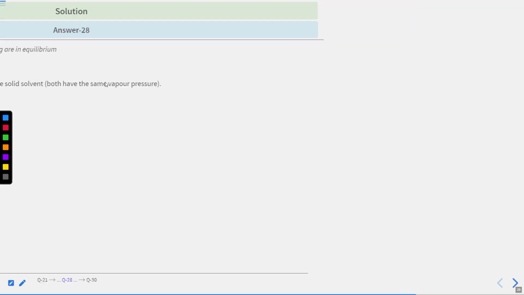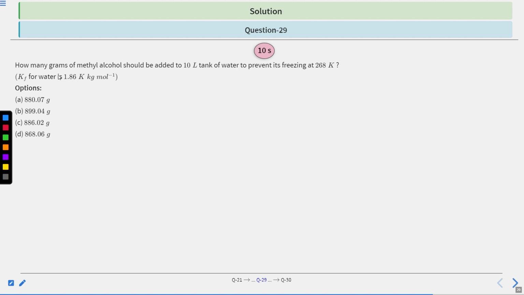Let's move to the next question. Question number 29. How many grams of methyl alcohol should be added to a 10-liter tank of water to prevent its freezing at 268 Kelvin? Kf for water is given as 1.86 Kelvin kg per mole.